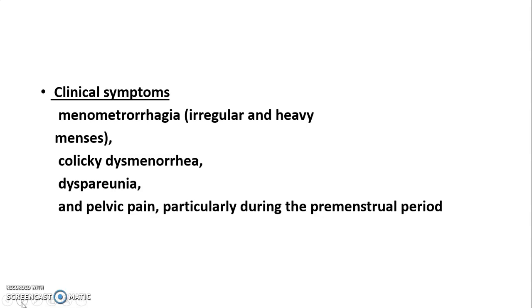So clinical symptoms of adenomyosis are menometrorrhagia or irregular and heavy menses, colicky dysmenorrhea, dyspareunia, and pelvic pain. Symptoms are similar to endometriosis.